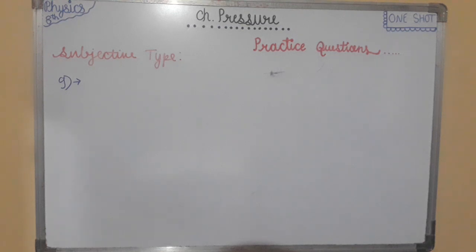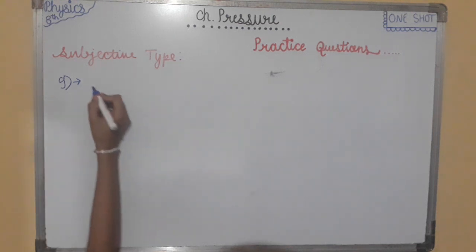Find the force of buoyancy on it, given G is equal to 10 meter per second square. I'll repeat the question for you all.